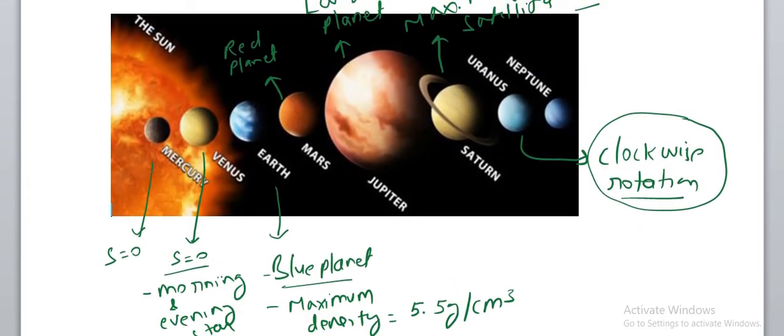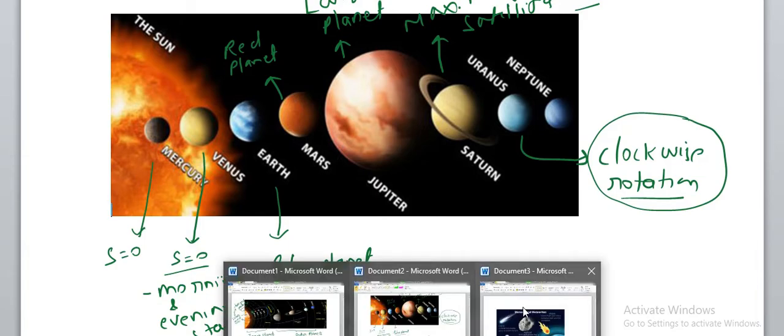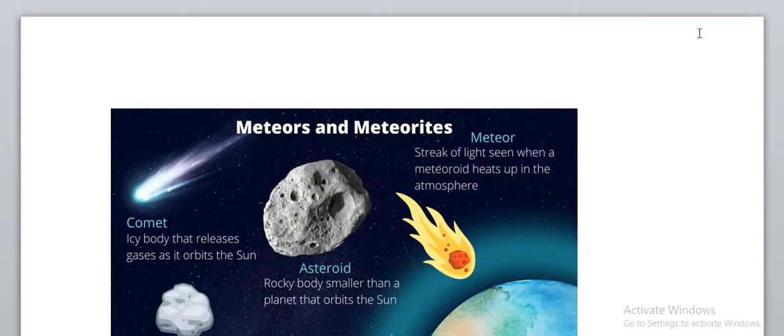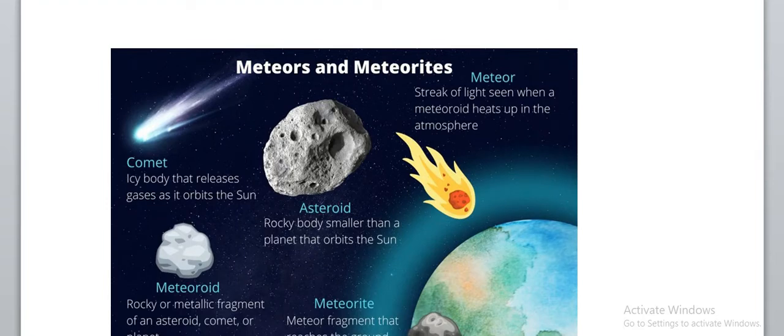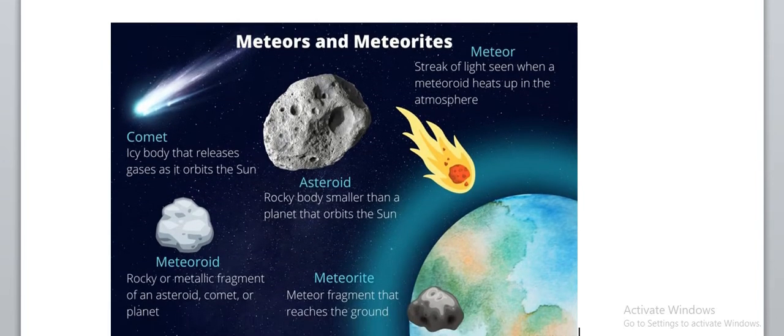So next we will discuss about some other heavenly bodies. We will discuss about the meteoroids, asteroid and comet.